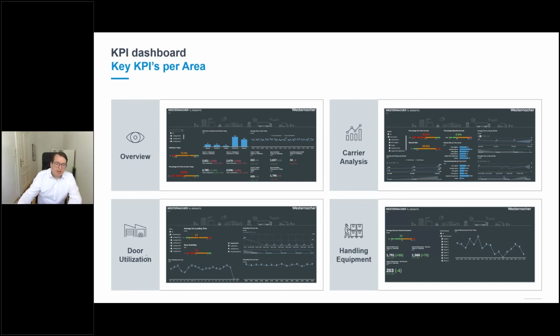The door utilization, the KPIs in combination with the warehouse management system, with the warehouse staff, and of course the handling equipment, with insights into our yard's internal performance. How does the equipment, how does the staff perform per day, per time period?